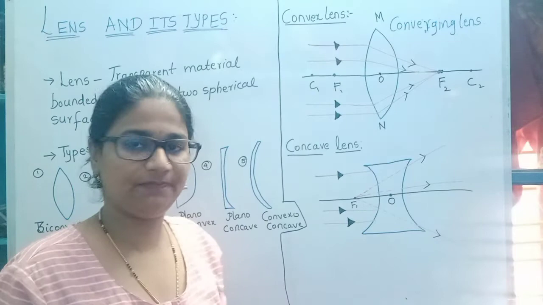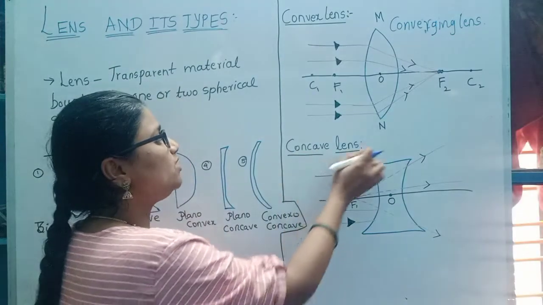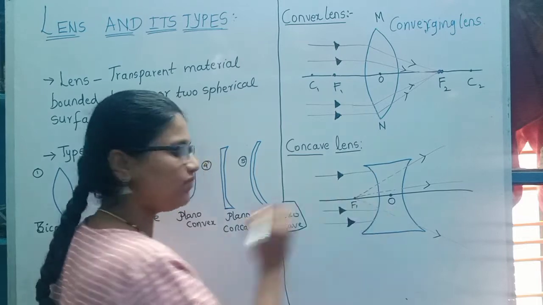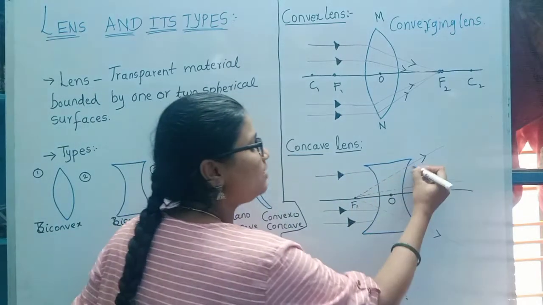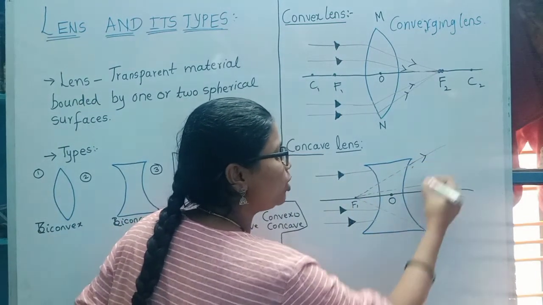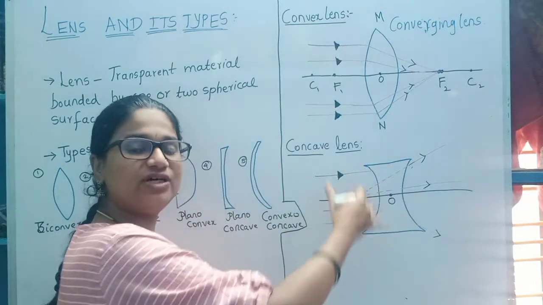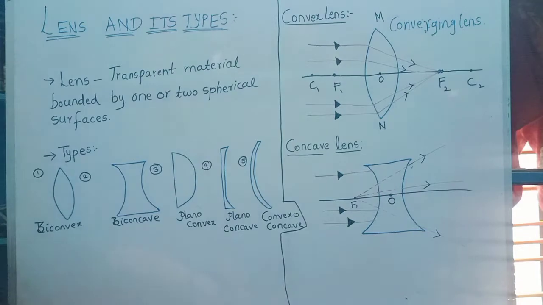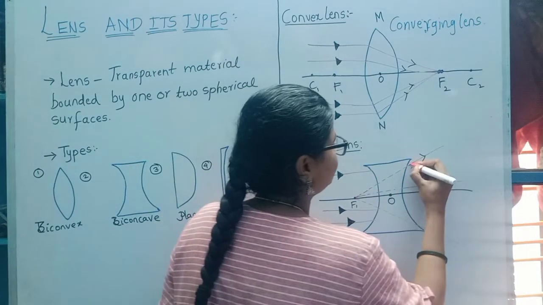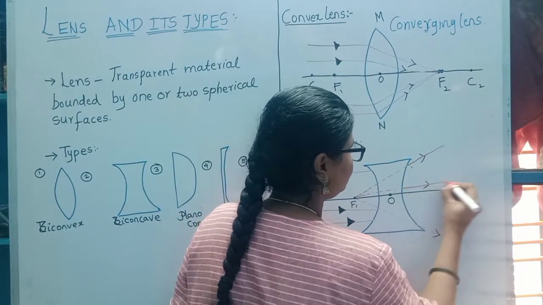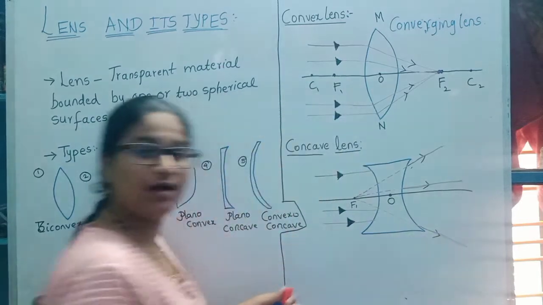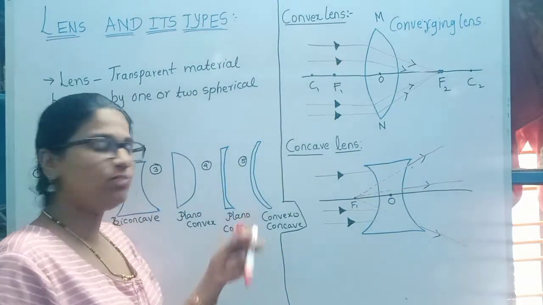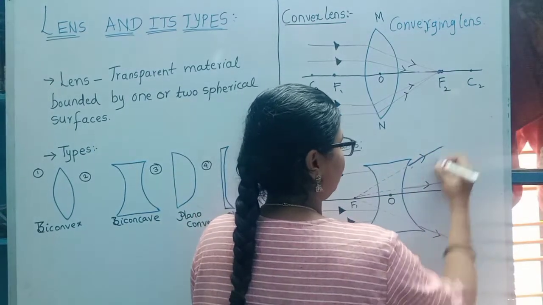That is the condition. Then when we go to the concave lens, when we pass parallel rays of light, the rays of light are found to diverge or spread after the refraction. So these are the diverged or spread rays from the concave lens.